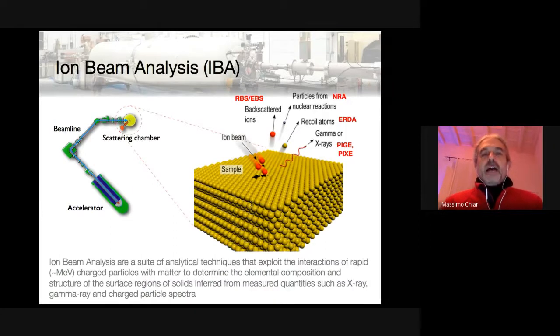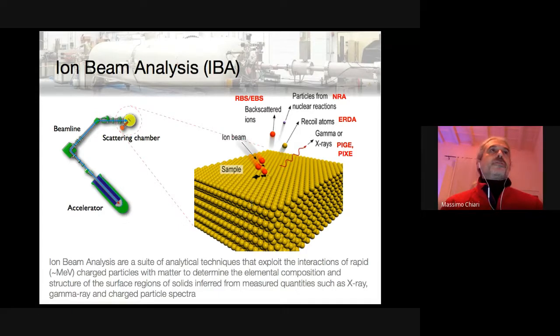Okay, I presume that all of you are already familiar with ion beam analysis techniques, so I am not spending here more than a few seconds. But as you can see in this picture, ion beam analysis actually is a suite of different techniques that allow to determine elemental composition of, let's say, surface layers of samples.